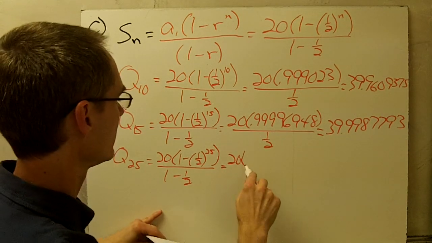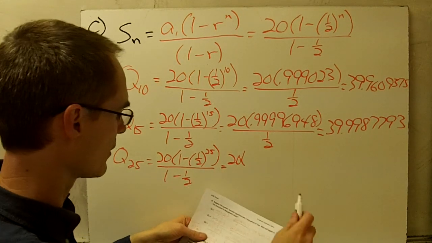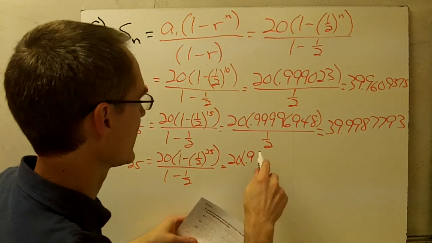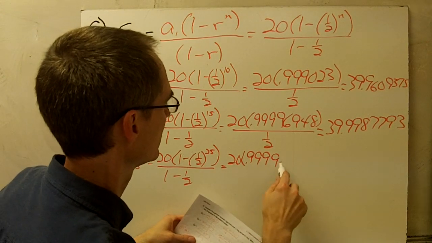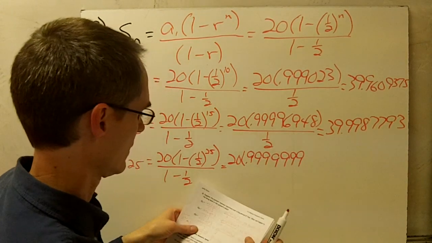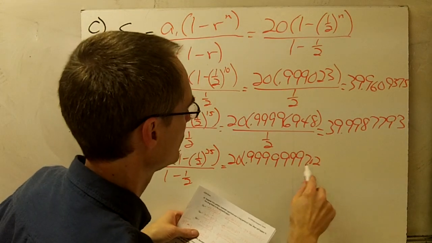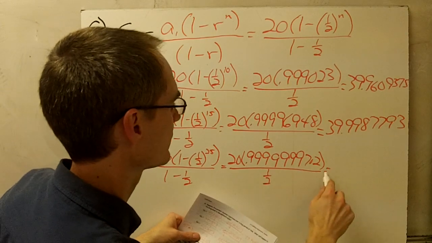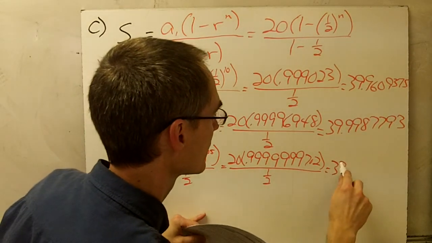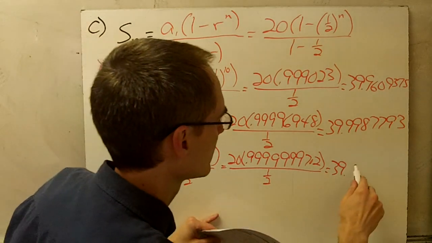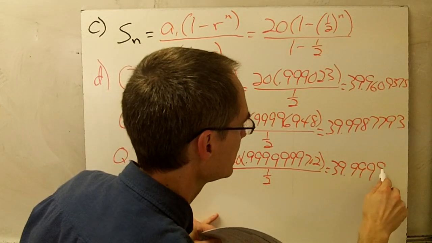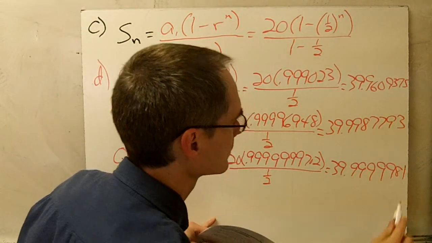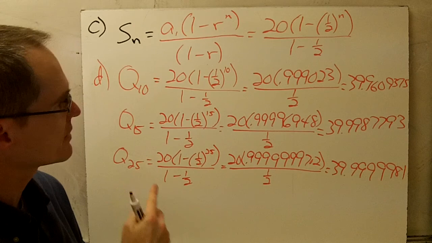And again, evaluating this part in the parentheses, I would get 0.679999702 over 1/2, and that's going to be 39.9999981.